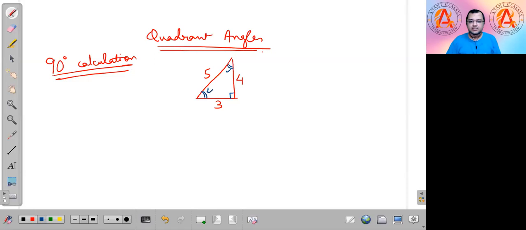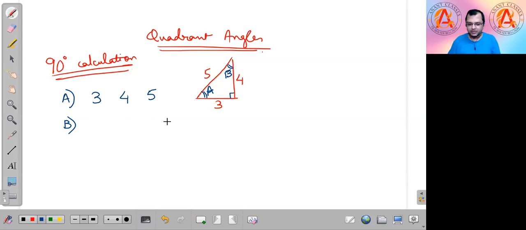So let's say this angle is A and this angle is B. So for angle A, I'm writing the triple 3, 4, 5. If I want to write a triple for angle B, what should be my triple in the order?